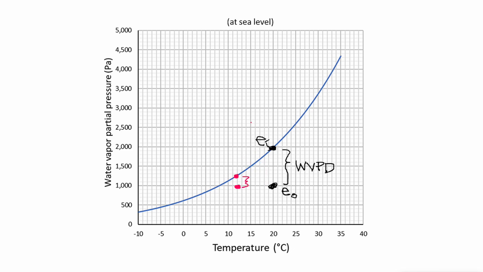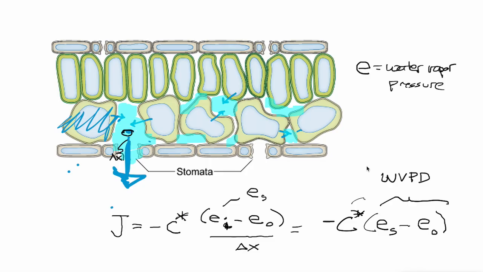The water vapor pressure deficit. So it depends on temperature, which is why it should not be surprising that this whole equation very strongly depends on the temperature, because the temperature determines the value of the saturation water vapor pressure, and that is a big determinant of how quickly water vapor diffuses from inside to outside of the stomata.